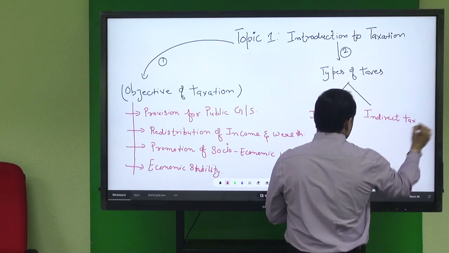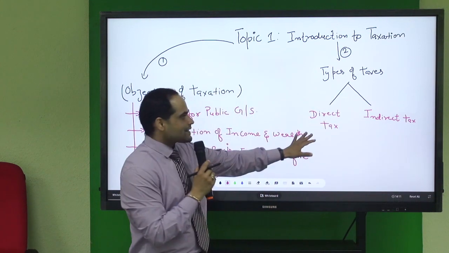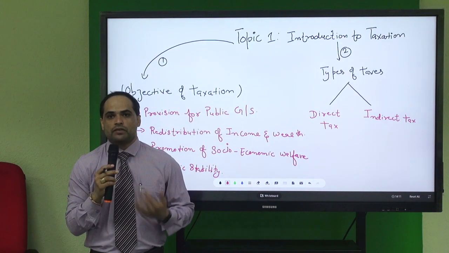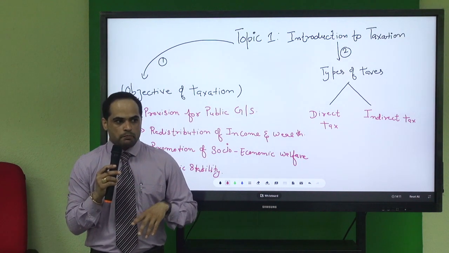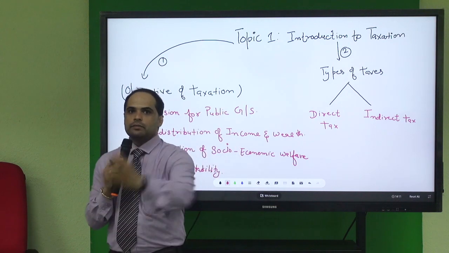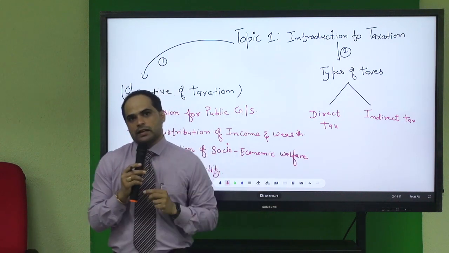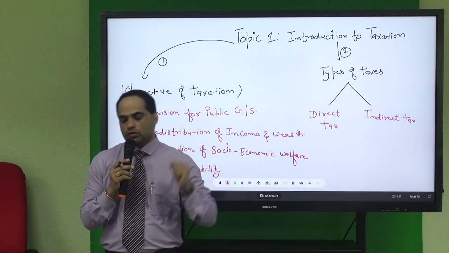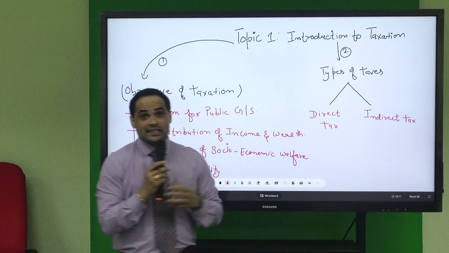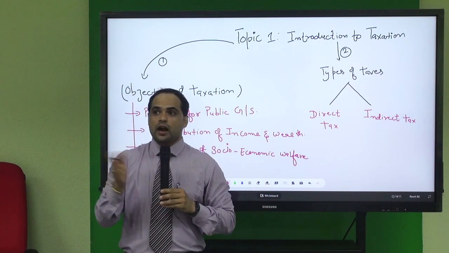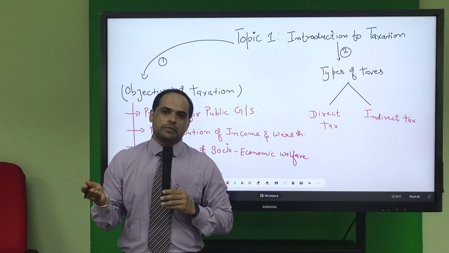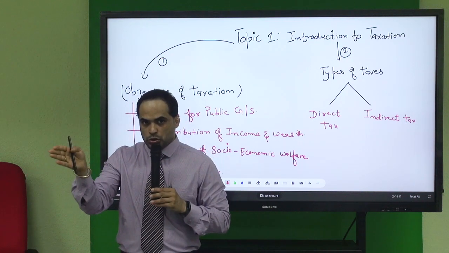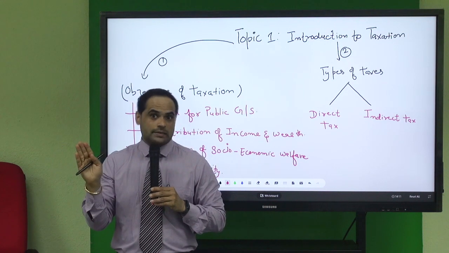Direct taxes are those taxes that we pay directly to the government, without paying to someone else who helps us pay the government. So the taxpayer pays directly to the tax collector, the government. And indirect tax is where we pay tax to the government through someone. Why? Because direct payment to the government is not possible.